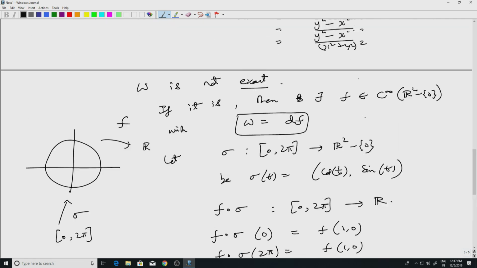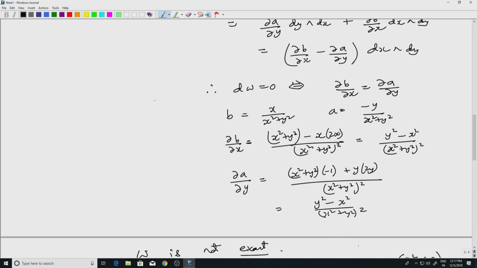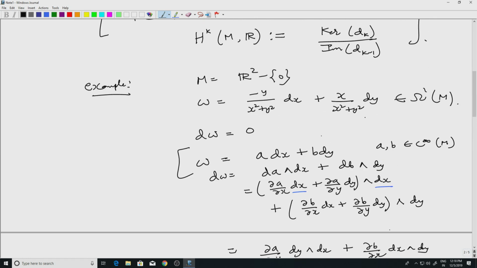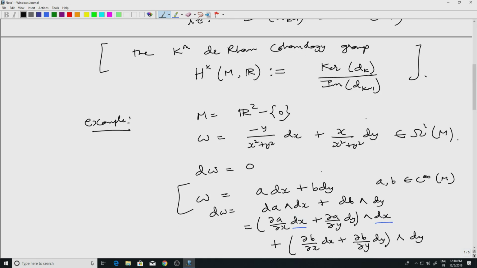Now sigma t is a point on the circle. So if I look at the formula for omega, this x squared plus y squared becomes 1 on the circle.